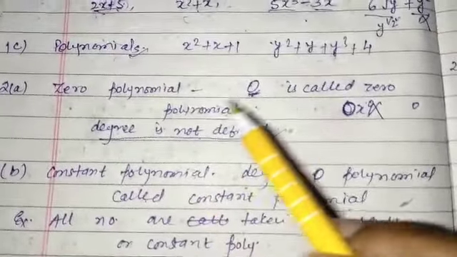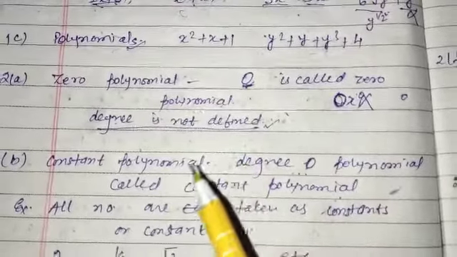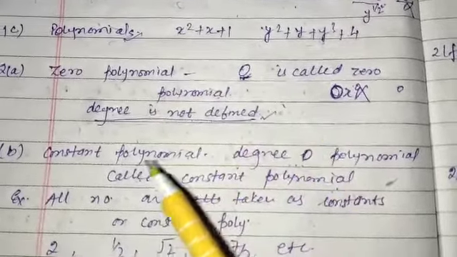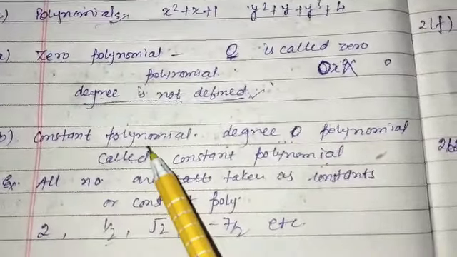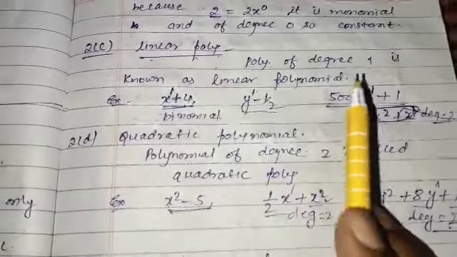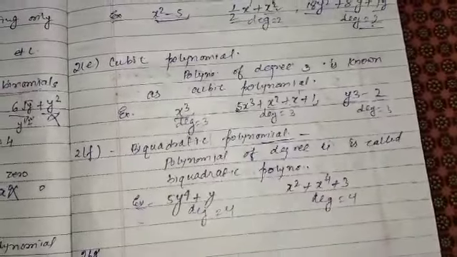First is the zero polynomial, meaning the number 0 is called the zero polynomial and degree is not defined. Constant polynomial, if degree is 0; if degree is 1 then linear polynomial; if degree is 2, quadratic; degree is 3, cubic; degree is 4, biquadratic.